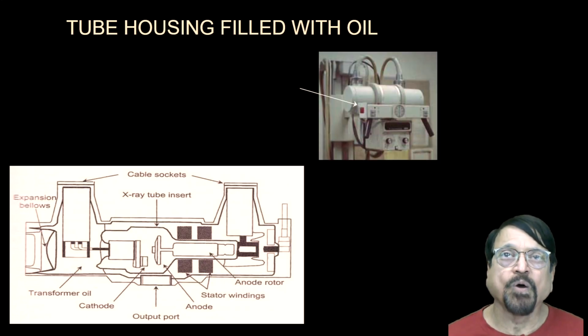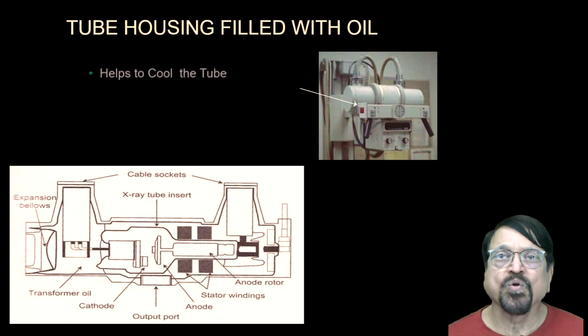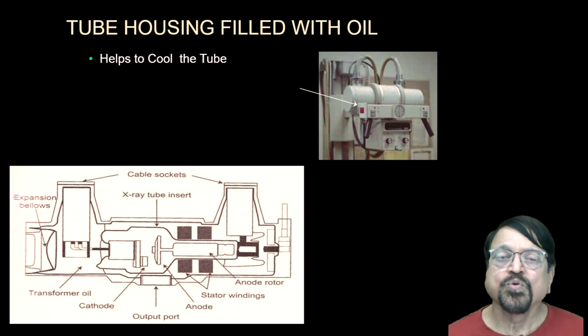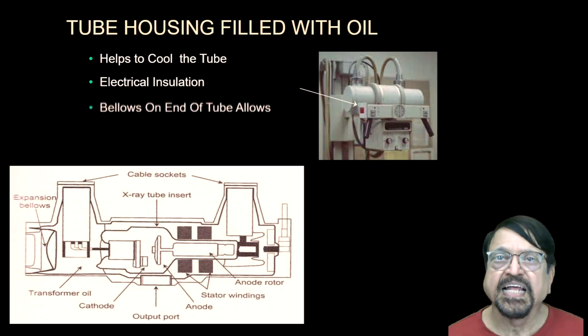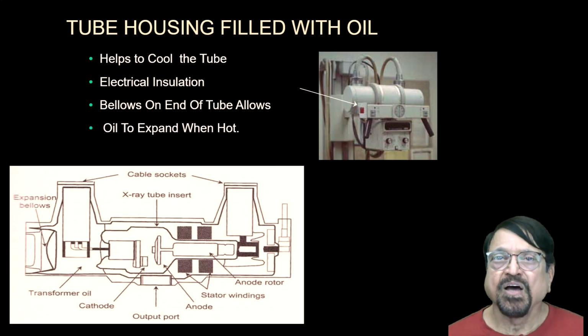Now this tube housing is filled with oil. It is outside, it has got nothing to do with the X-ray production. The main role of this is to keep the tube cool, that is heat dissipation, then electrical insulation. Below, on the end of the tube, it allows oil to expand when hot.